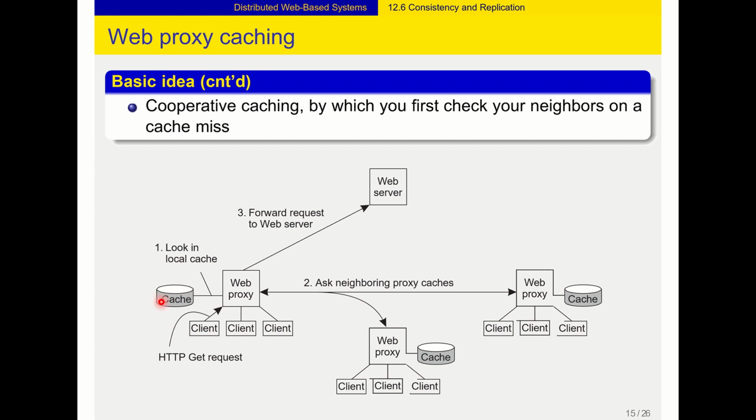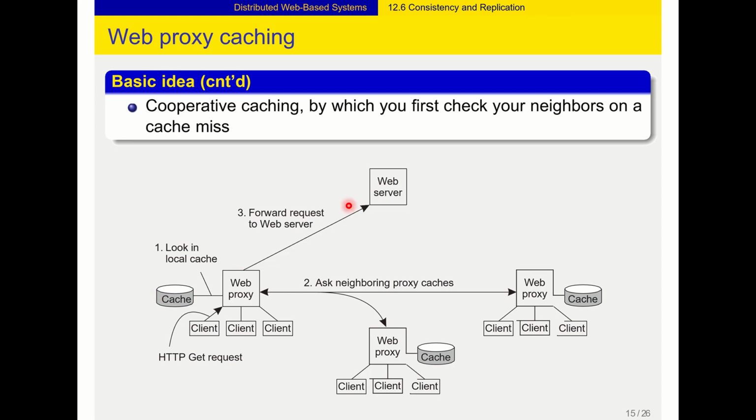If there is a cache miss, you query the neighboring proxy caches. If none of the neighbors have it, the request is forwarded to the web server.